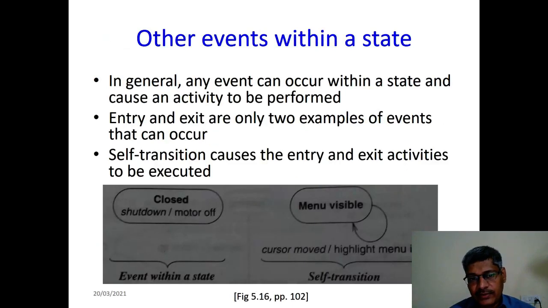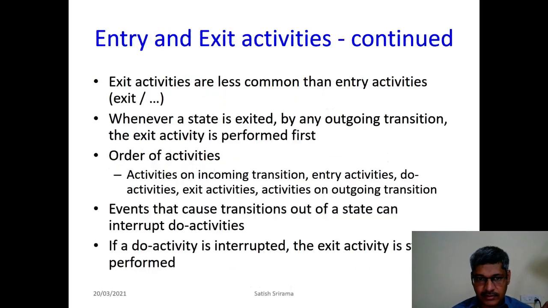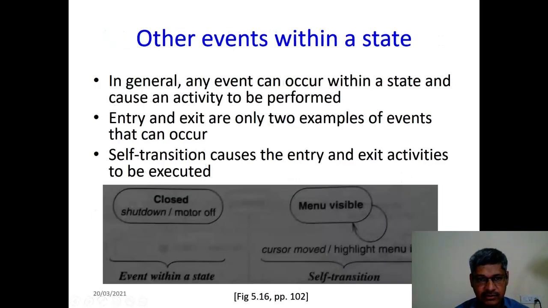Other than the do activities, the two different types of activities which happen are the entry and exit activities. Of course, there are also the do activities. These are not the only things which are possible. There are several other types of activities. In general, any event can occur within a state and cause an activity to be performed.